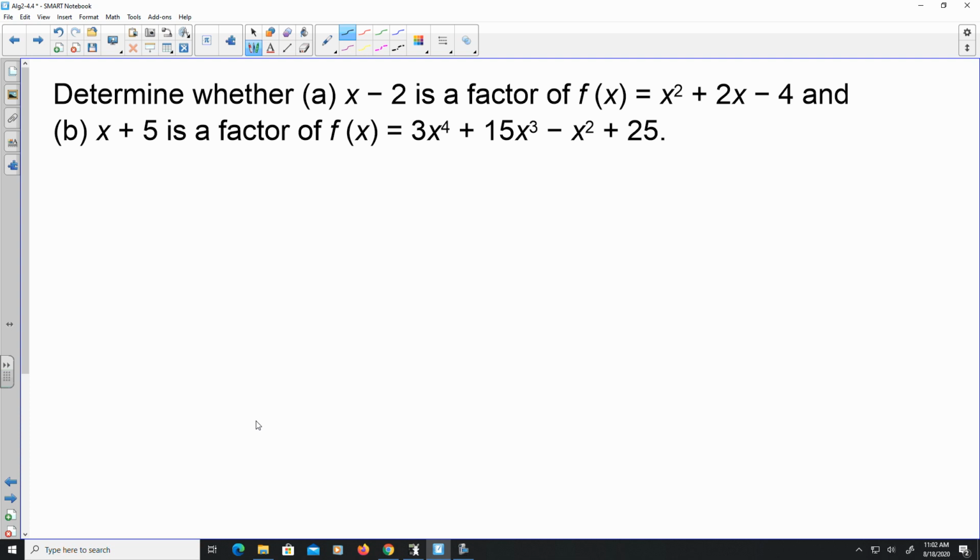So what you are going to do, just like what you did in the previous section, is take the opposite of how it is written when you're using synthetic division in order to determine if x minus 2 is a factor.